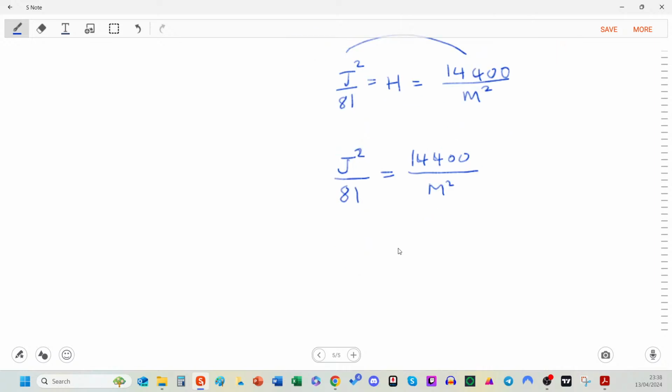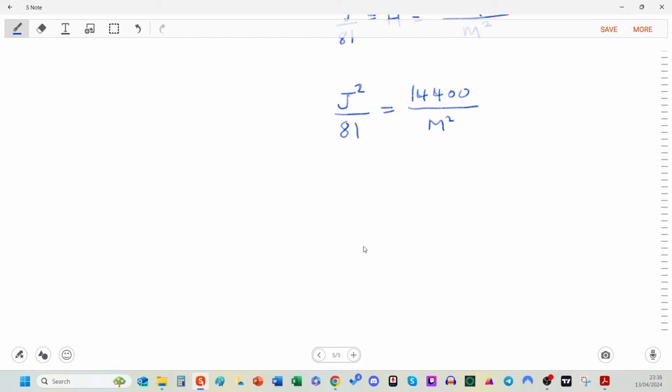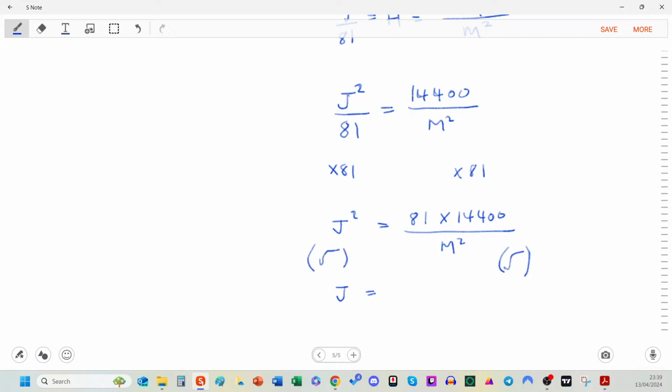And we're going to rearrange now. So my method here is, see, rearranging's coming back again. I'm going to multiply everything by 81, and just in case anyone doesn't know how to rearrange, I'll go step by step. So multiplying the numerator, for multiplying fractions, and then j, we're going to square root both sides.